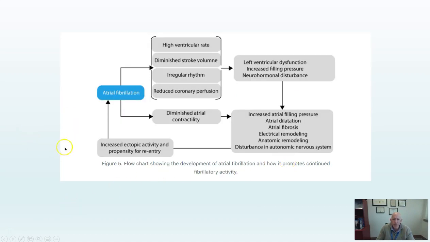So why is AFib bad? Well, a high ventricular rate, what we call atrial fibrillation with rapid ventricular response, can result in decreased diastolic time and decreased stroke volume. And remember, the coronaries are also perfused during diastole, so if someone has underlying coronary disease, AFib could bring out signs of ischemia. It's also going to lose the atrial kick. It tends to increase the filling pressures and cause some left ventricular dysfunction.